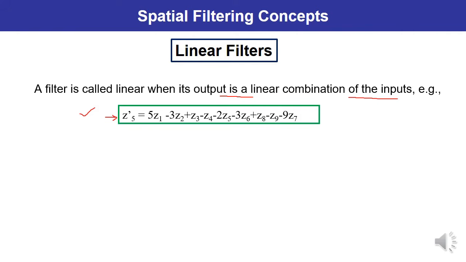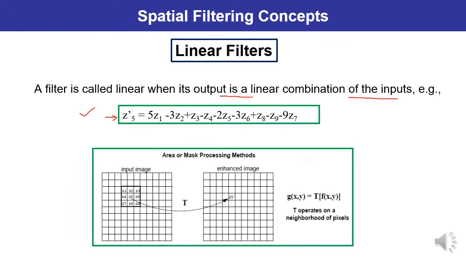So there is a linear relationship between input and output. You can see the input image is given here, and the second matrix is for the enhanced image. In the input image the center pixel is Z5, which is modified as Z5 dash in the enhanced image, where this operation is performed.